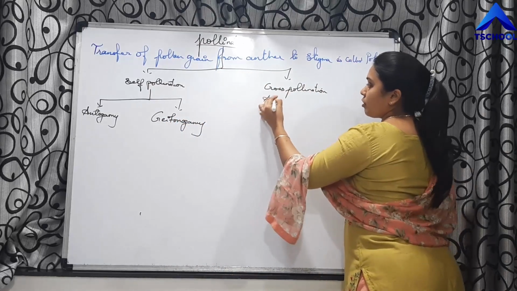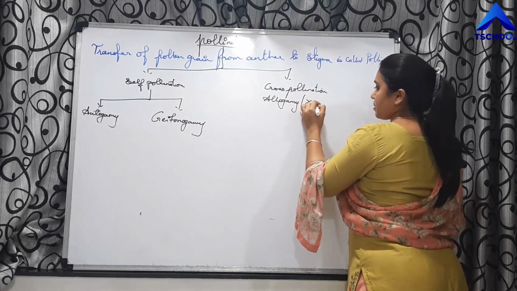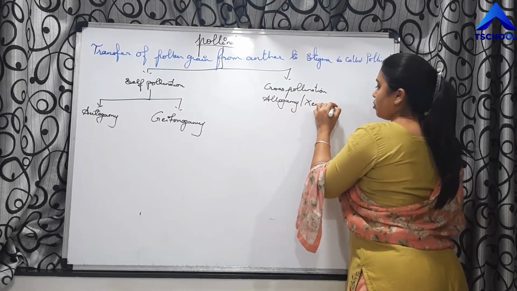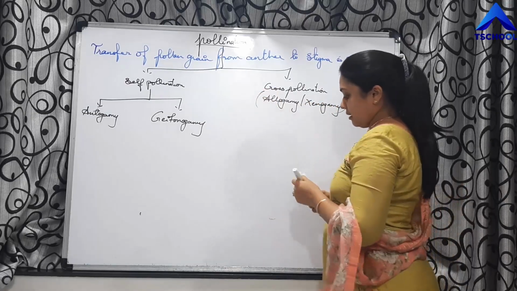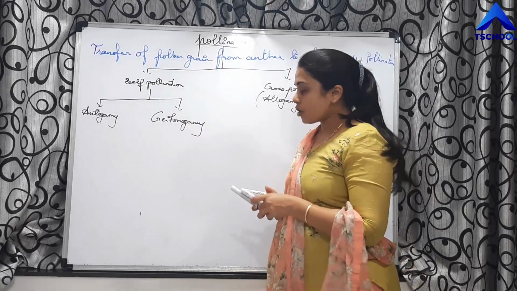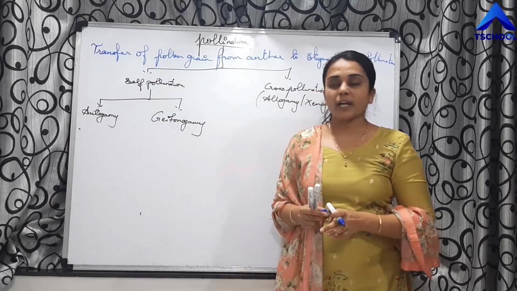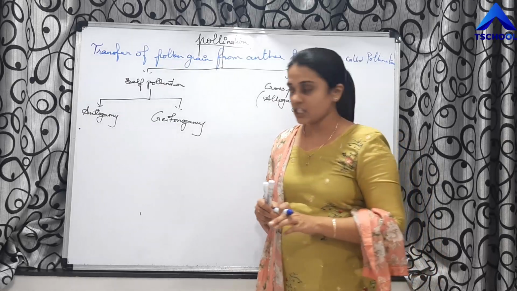Cross-pollination is also called allogamy or xenogamy, right? So pollination is of two types, self and cross. Self-pollination is also of two types, that is autogamy and geitonogamy.